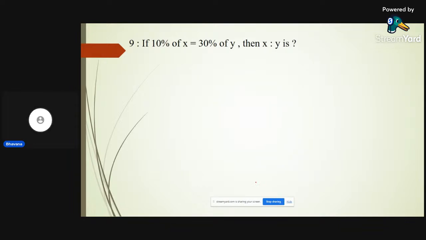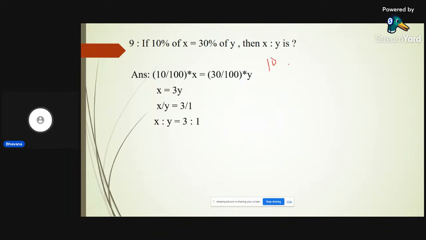How do we write the percentage in normal format? 10% means 10 divided by 100, and 30% means 30 divided by 100. Here we have to find x is to y.